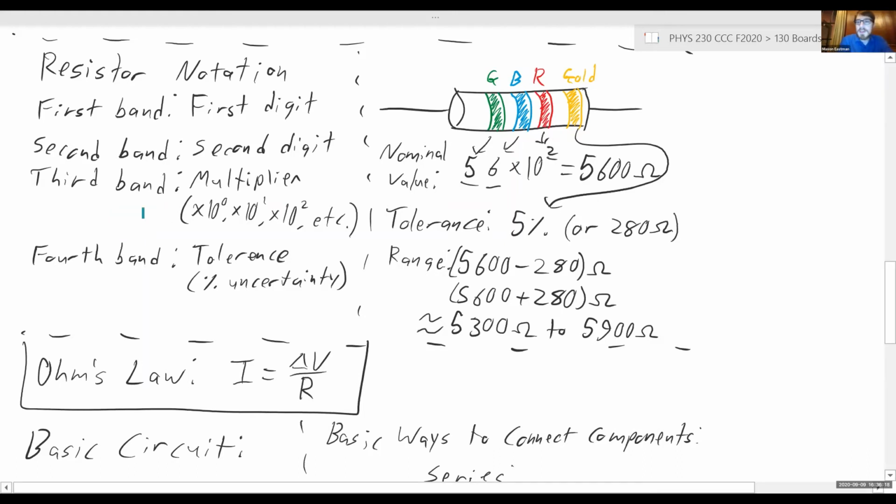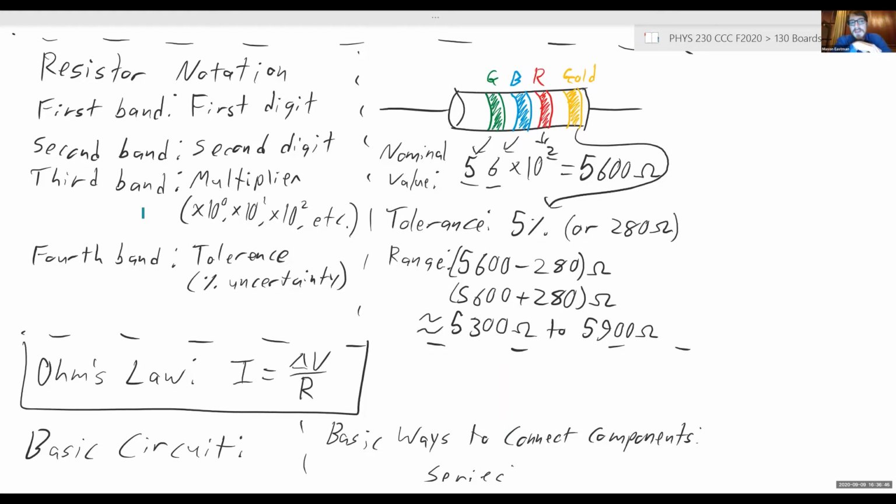So one color corresponds to multiplying by 10 to the 0. We're just multiplying by 1. One corresponds to multiplying by 10 to the 1st. One color to multiplying by 10 to the 2nd, and so on. So to get the nominal resistance value, you read off those first 2 bands with colors corresponding to digits. That'll give you a 2-digit number. And then you multiply it by 10 to some power.